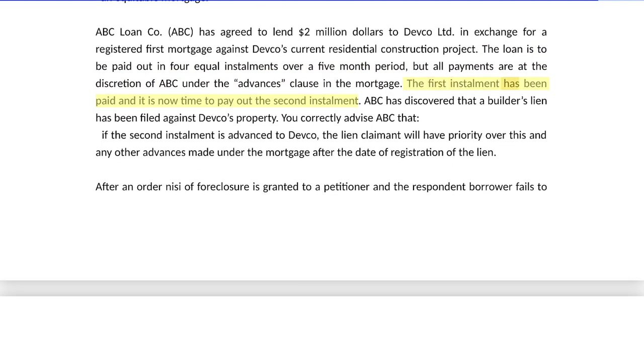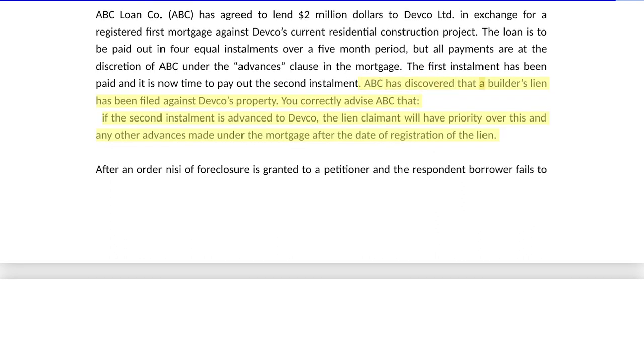The first installment has been paid, and it is now time to pay out the second installment. ABC has discovered that a builder's lien has been filed against Devco's property. You correctly advise ABC that, if the second installment is advanced to Devco, the lien claimant will have priority over this and any other advances made under the mortgage after the date of registration of the lien.